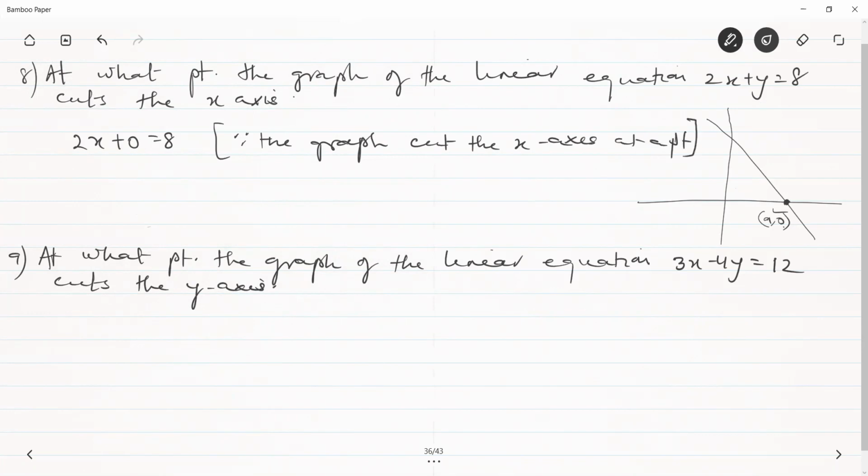So you can take y is equal to 0. So 2x is equal to 8 and x will be equal to 4.